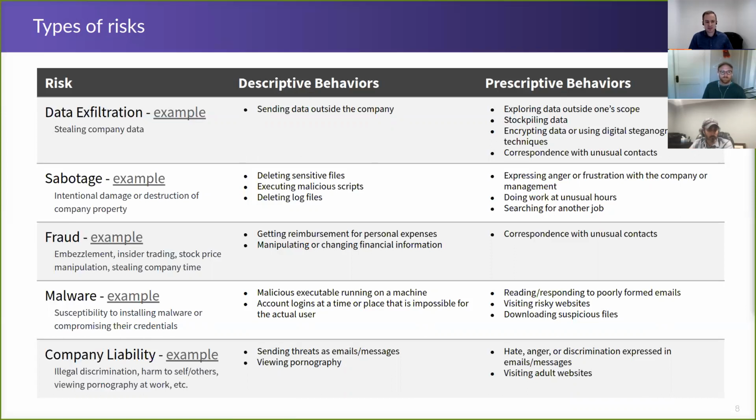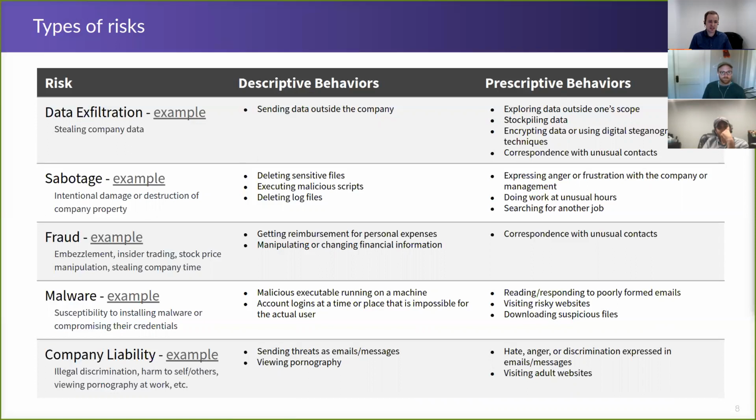Malware is another type of risk, which could be either an individual installing malware directly on their machine, intentionally or unintentionally, or falling prey to a phishing campaign or some other opening up of some other vulnerability to the company that allows their credentials to become compromised, where an attacker is then able to abuse their account to harm the company.